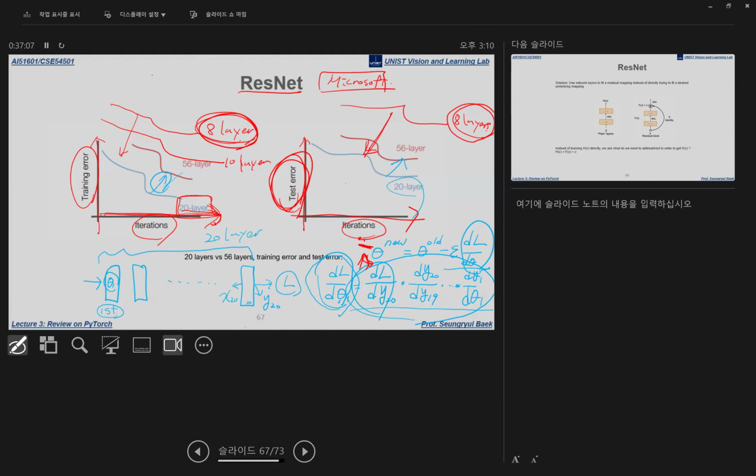And if you multiply some value which is less than 1, for example, 20 times, then the value simply goes to 0, maybe given the representation ability of the computer. If the values are too small, it will simply be represented as 0. If you multiply some value which is less than 1 20 times, then the value becomes too small, and the computer has to represent that as 0, right?